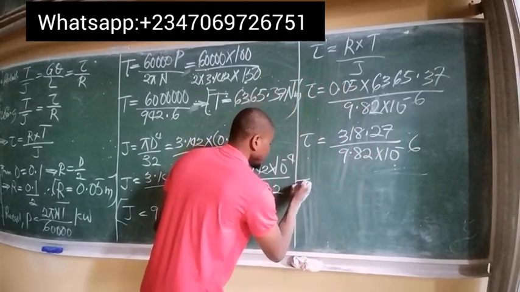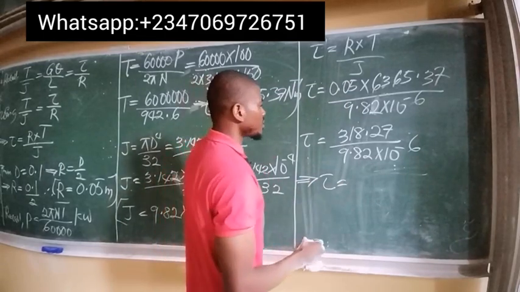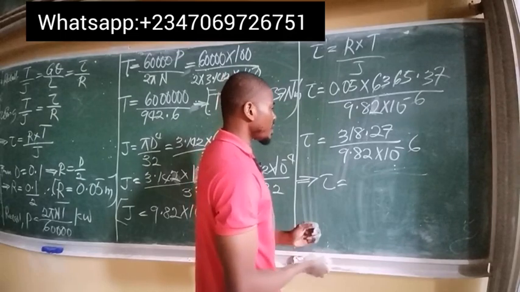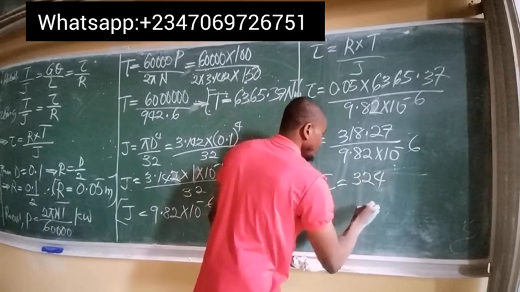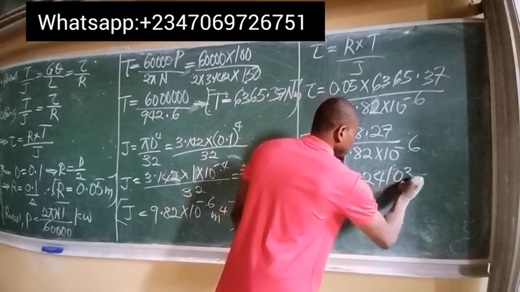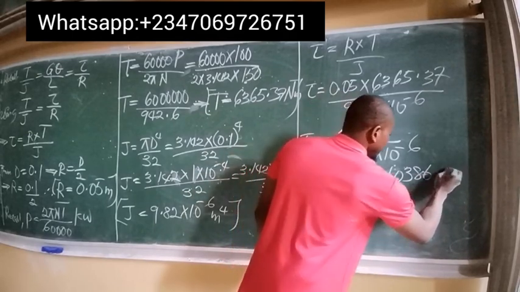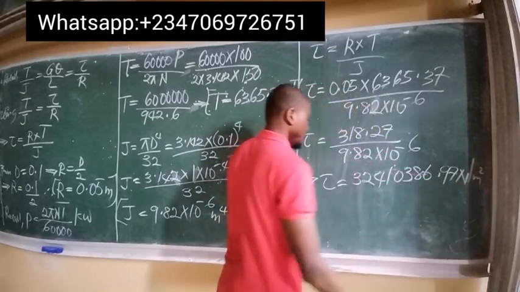So shear stress is equal to 318.27 divided by 9.82 by 10 to the power of minus 6. That gives us about 32,410,386 newtons per meter squared.